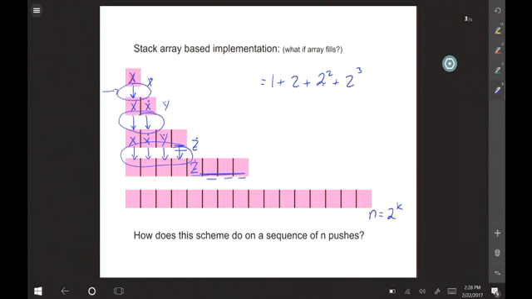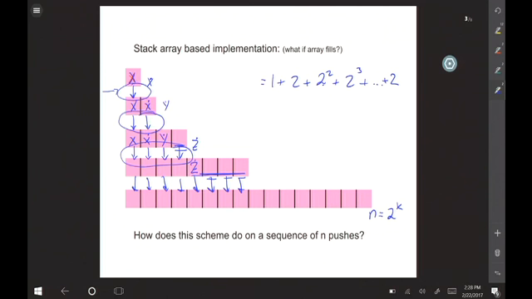So we're going to pretend that n is a power of 2, and then my question is, how many of these copying events are going to happen? That is, what is the size of this last one? Plus 2 to the 2 to the k?